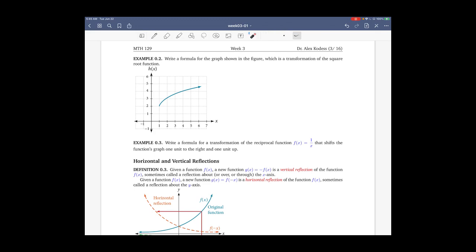Presumably, someone took the square root function, applied some transformations, and the resultant picture is what you see. So how can we reconstruct the formula for this graph? Well, let us first of all draw the new coordinate axis.